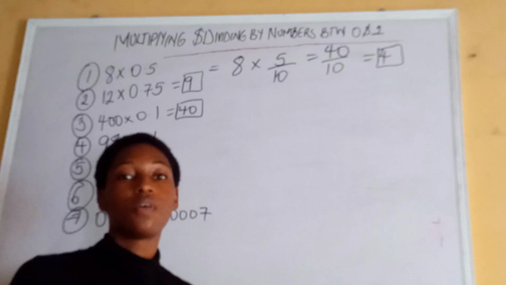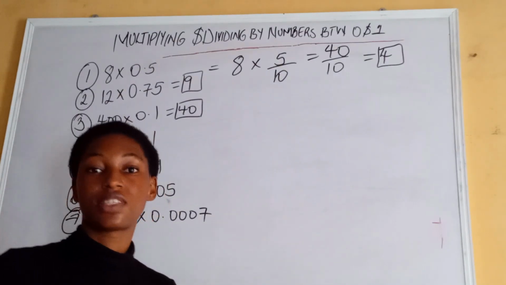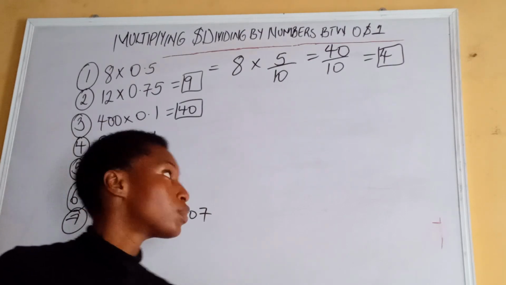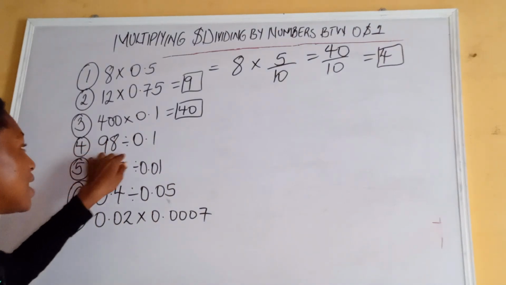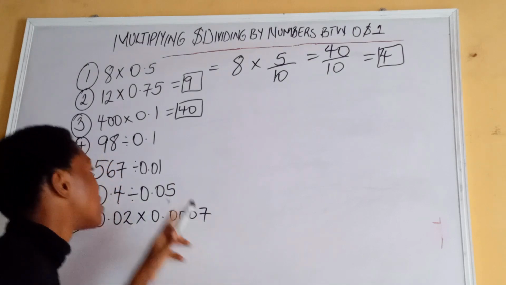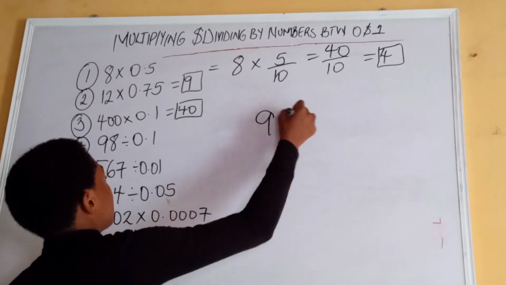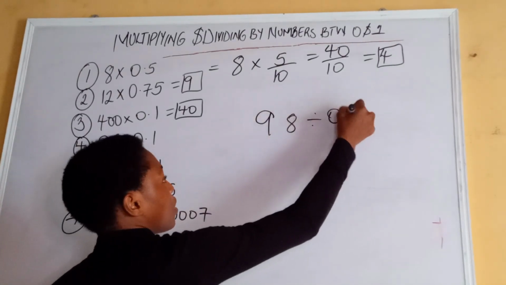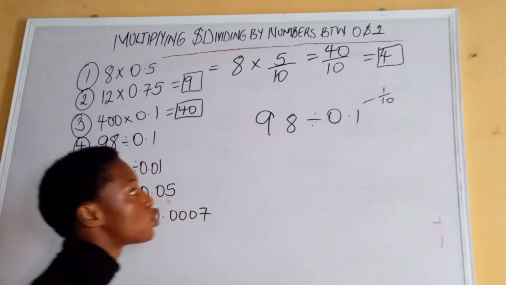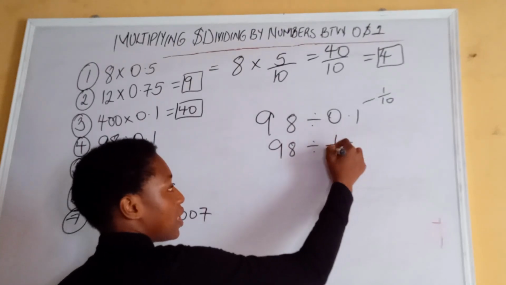Now let's look at division. One thing to take note of when you are dividing with a decimal, especially numbers between 0 and 1, is that when you are dividing, the number becomes bigger. So if you look at 98 divided by 0.1, now again, if you look at your place value, 0.1 is the same thing as 1/10. So this is 98 divided by 1 all over 10.